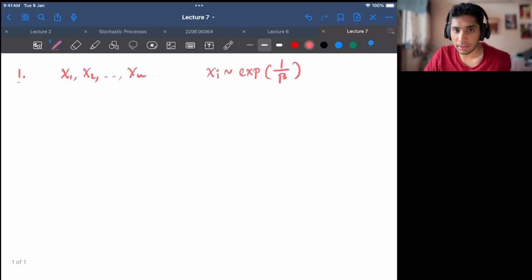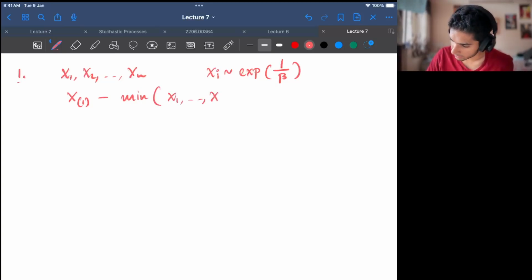The question basically is, let's say x sub 1 is the min of all x1 till xn. So basically it's the smallest value. x bracket 1 is another random variable which assumes the smallest value taken amongst all the values taken by these n random variables.